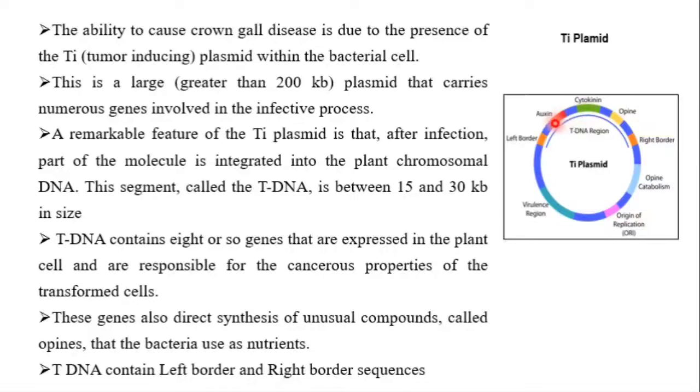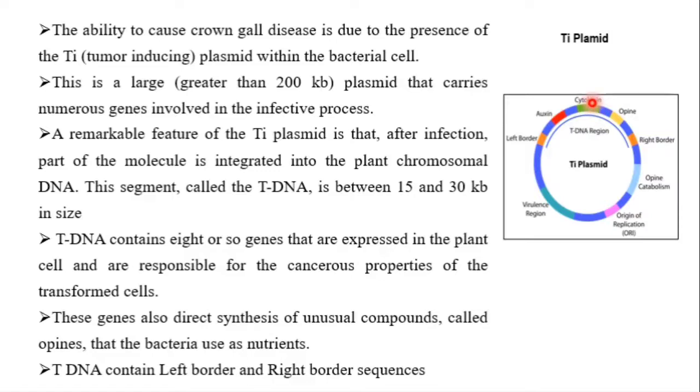Here you can see the cytokinin plant hormone gene is present in the T-DNA region, and the auxin gene is also present in the T-DNA region. When this T-DNA region is in the plant host chromosome, the plant cell's production of auxin and cytokinin will be increased.